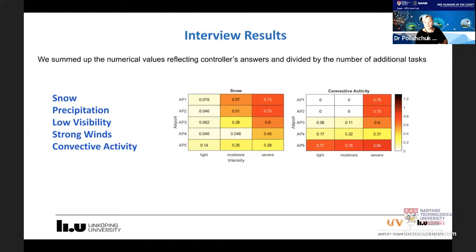And you see the impact of this is rated higher by the controllers, while convective activity, in the opposite, is mostly typical for the southern airport, a medium-sized airport but larger in comparison to the previous ones. And the controllers rated the impact of convective activity higher, even in a light occurrence of this type of weather.